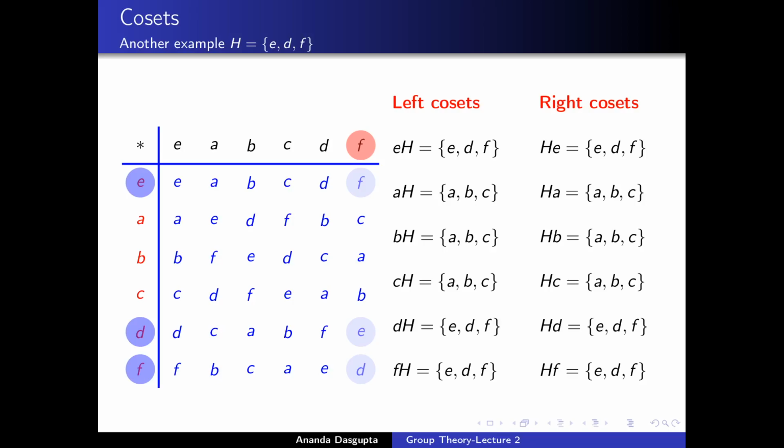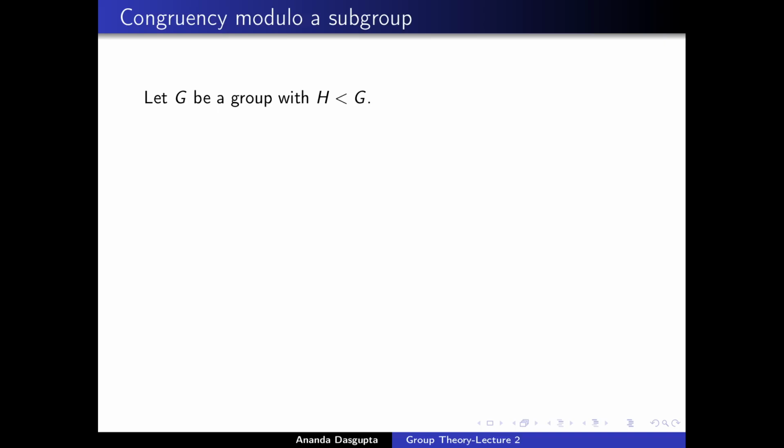The particular equivalence relation that we have in this case is called congruency modulo a subgroup. So we start with the general statement that if G is a group and H is a subgroup, this notation that we have here, H less than G, is actually a notation which is often used by many authors to signify that H is a subgroup of G. By the way, this does not imply proper subgroup or a subgroup which is somehow smaller than G. It also includes G itself.